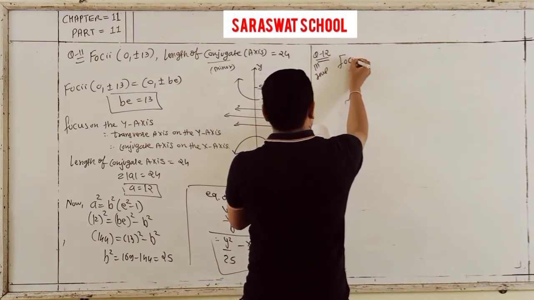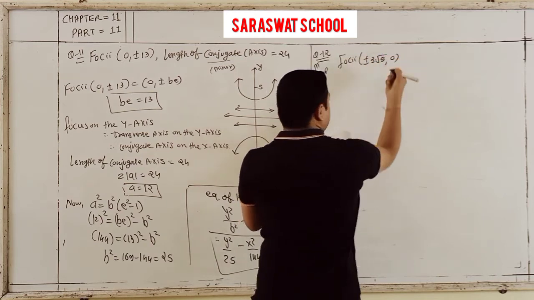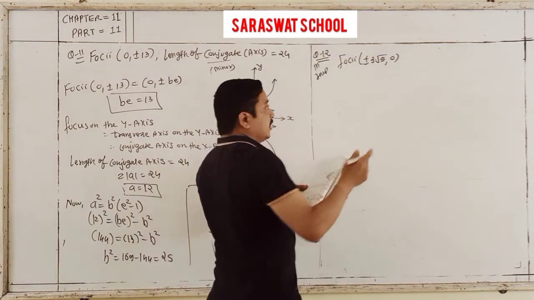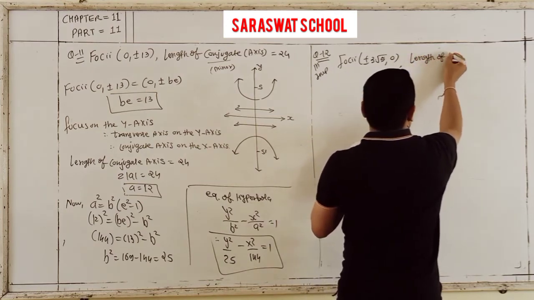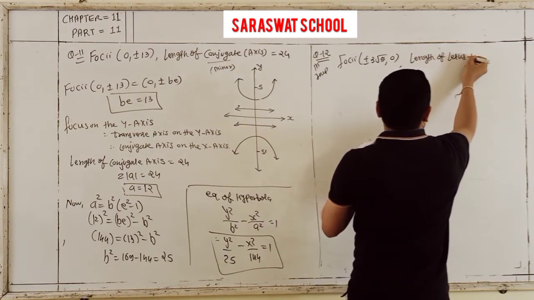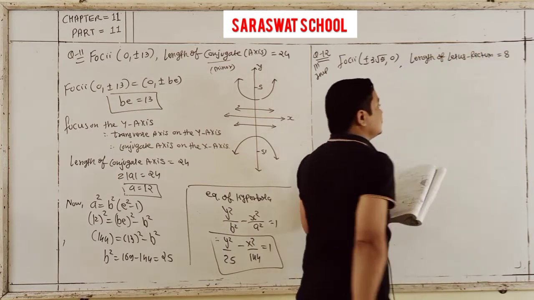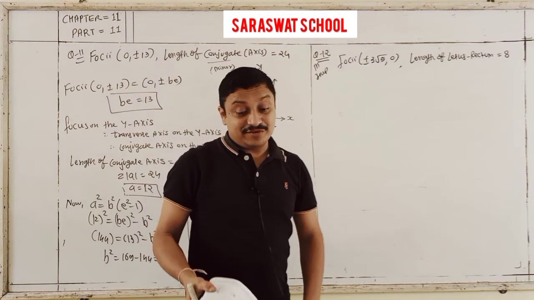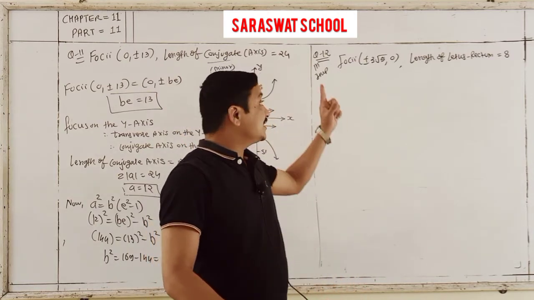Foci plus or minus 3 root 5 comma 0 and length of latus rectum is 8. Length of latus rectum is given.